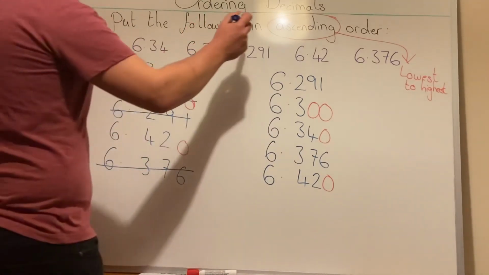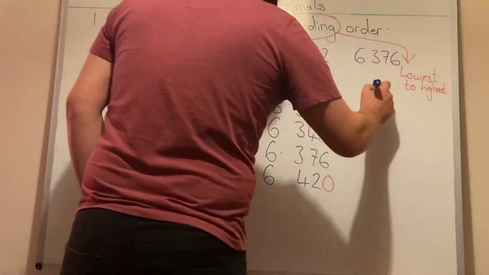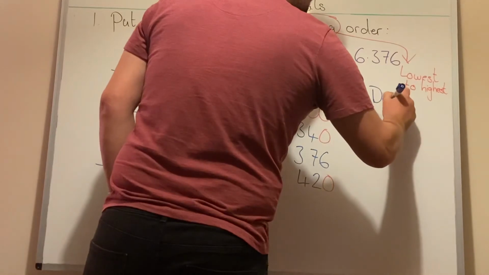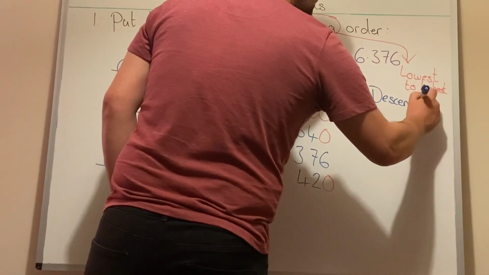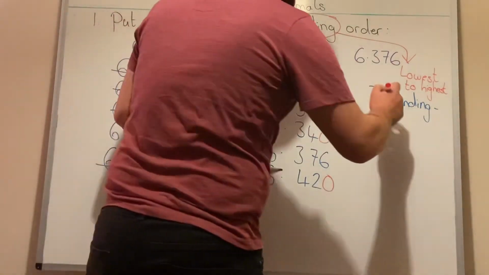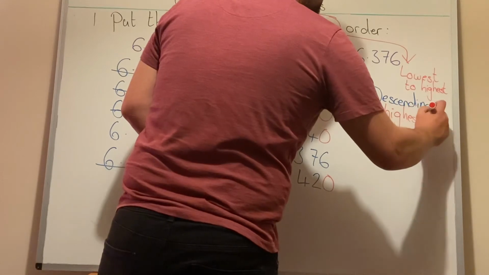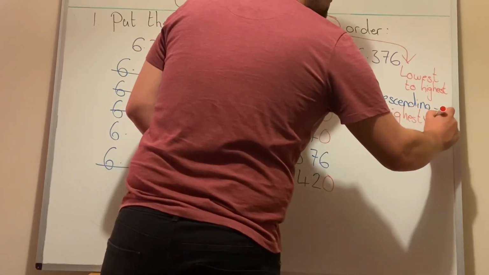So key bits. First part, you need to know what you're using at the start. It could say ascending. The opposite of ascending is descending. If you're descending, you're going from highest to lowest, and if you're ascending, you're going from lowest to highest.